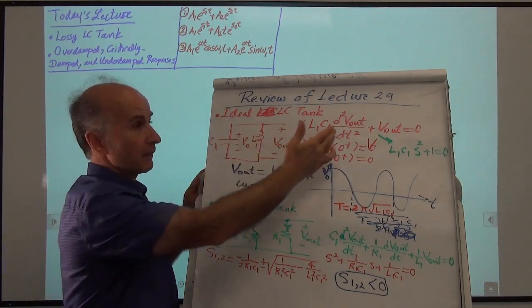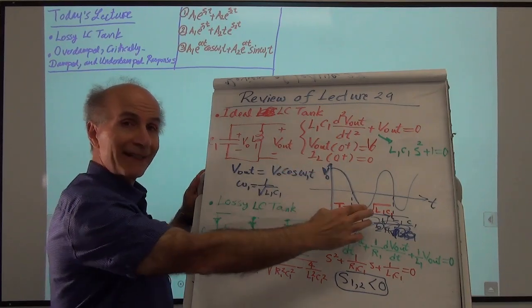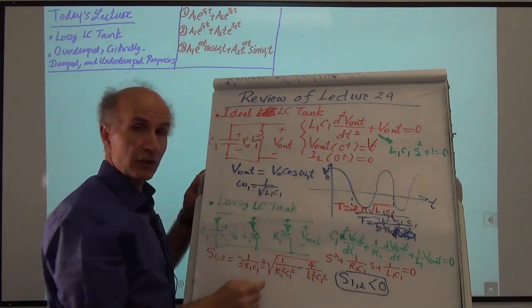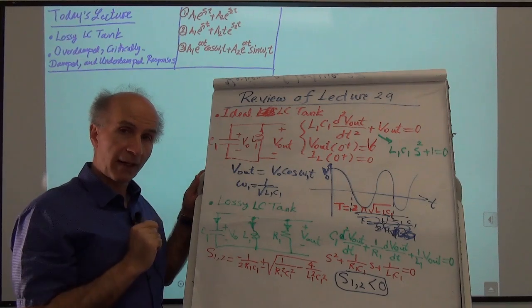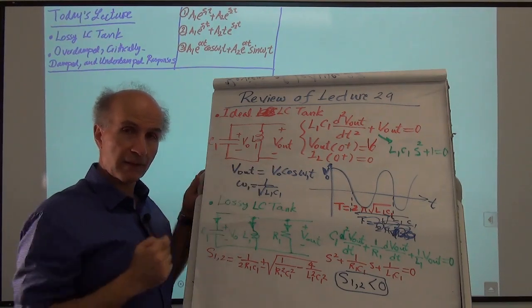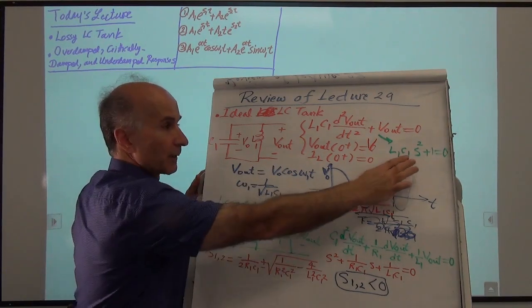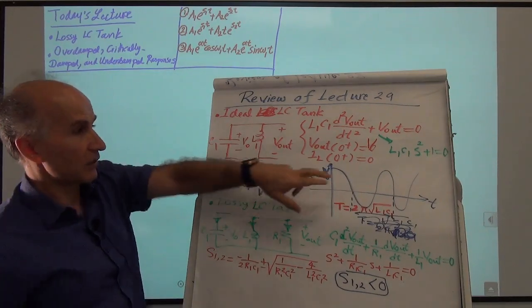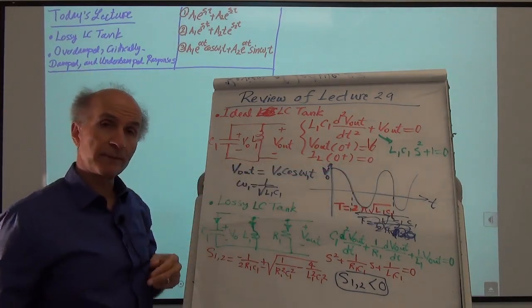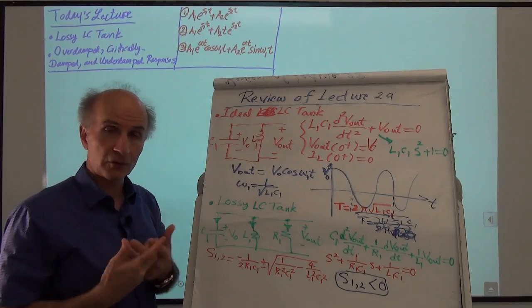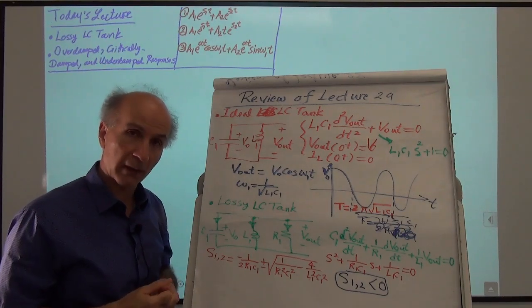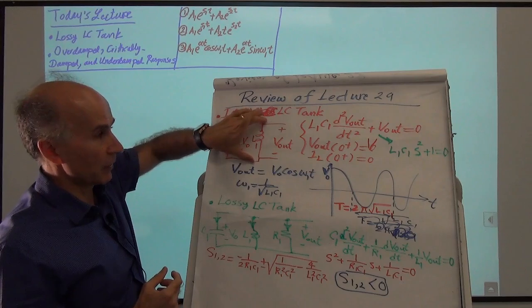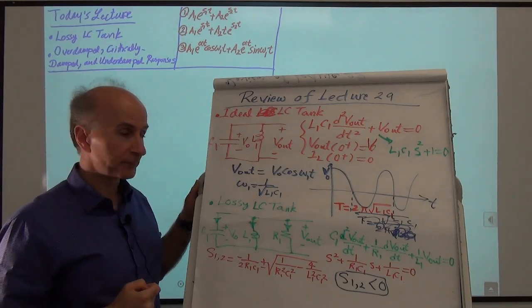So we can solve this differential equation by writing its characteristic equation and finding the S values from that second order equation here. And we saw that this just gives us two imaginary values, and that translated to a simple cosine for the waveform that we measure across this tank.